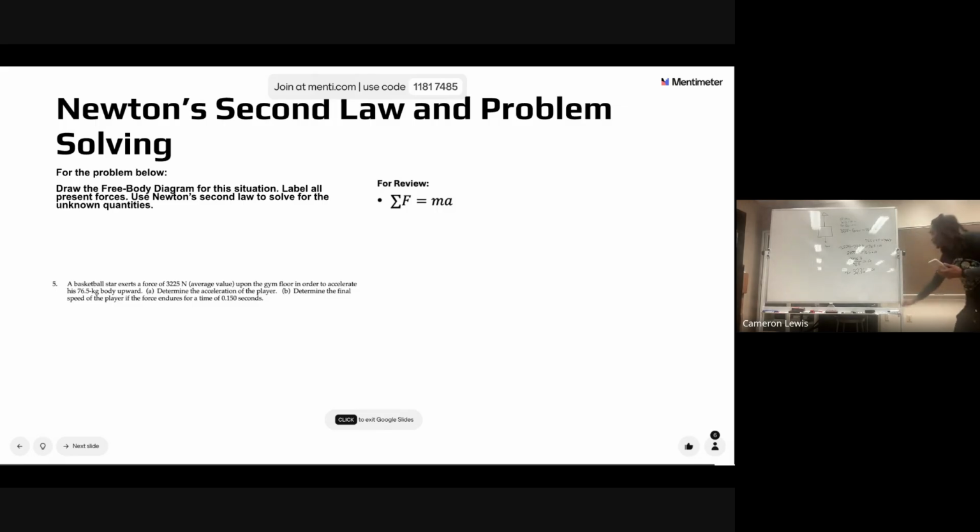Meters per second squared. Make sure we say that. Now the numbers could be wrong, but we'll check it in a second.